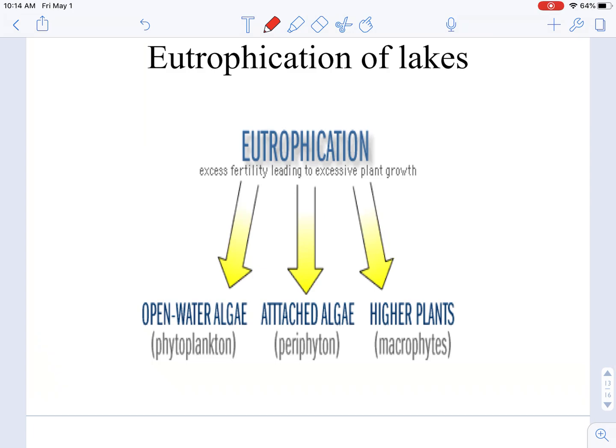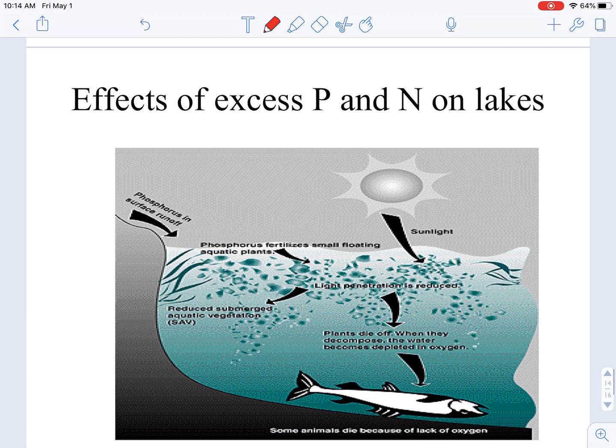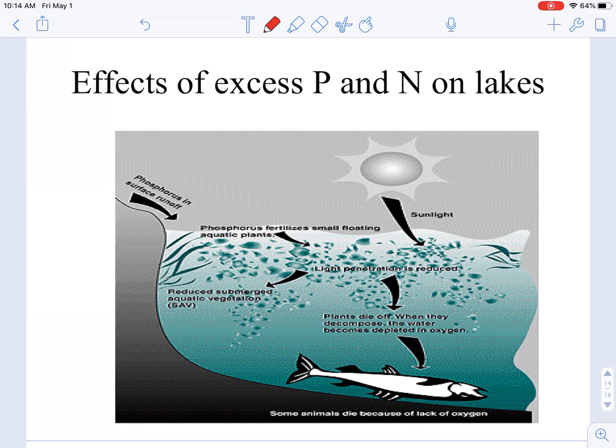The algae decomposes, and through that decomposition process, we end up with a lake that doesn't have enough oxygen for plants and animals to survive, and is essentially just a dead body of water where hardly anything, if anything, can survive. So no real big difference. I just wanted to make sure you understood the difference between what eutrophication is and cultural eutrophication is.